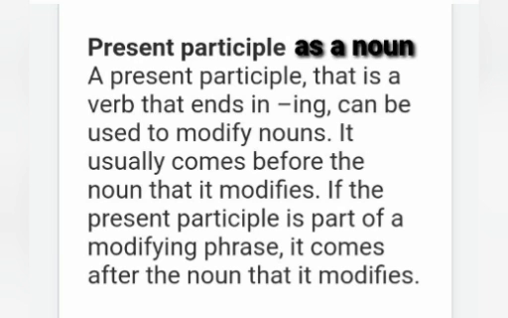Now we have present participles acting as modifiers. So usually, if we talk about present participles, it usually comes before the noun which it modifies. And if the present participle is a part of a modifying phrase, it comes after the noun it modifies.